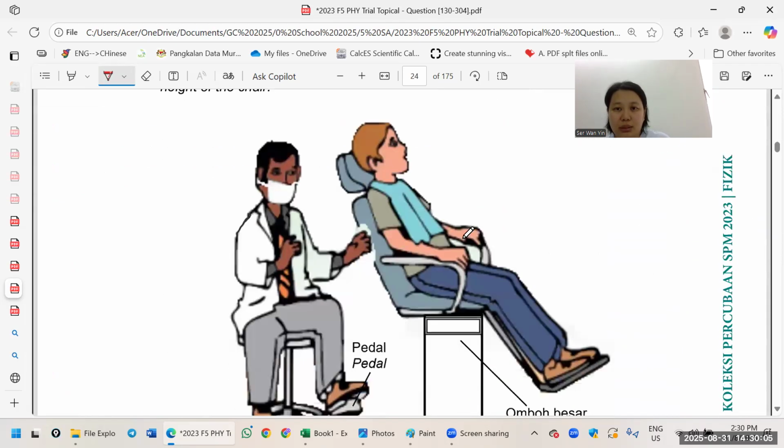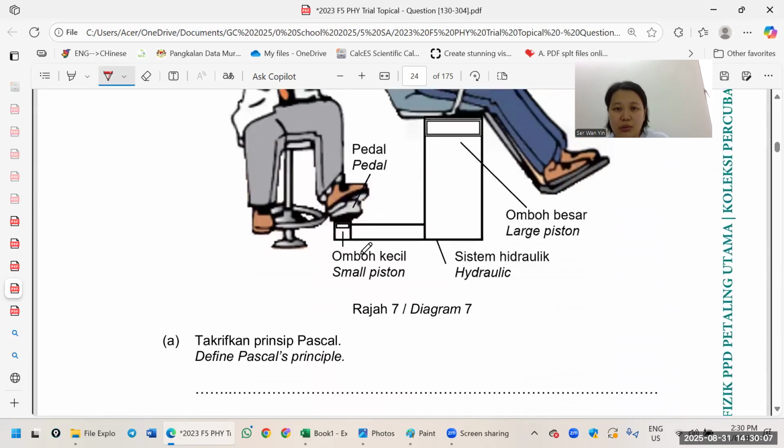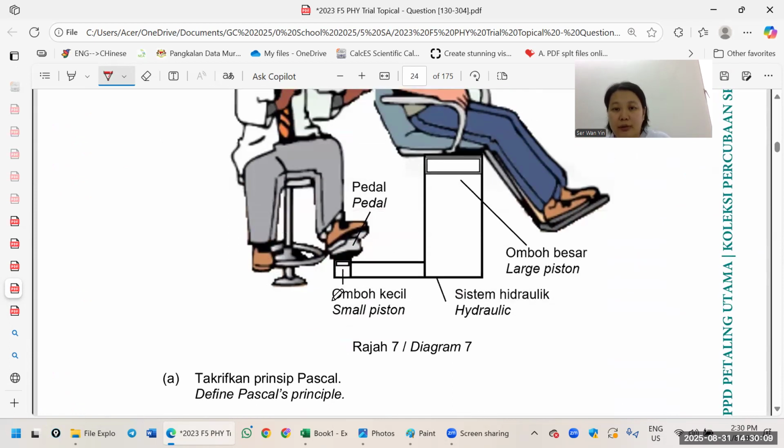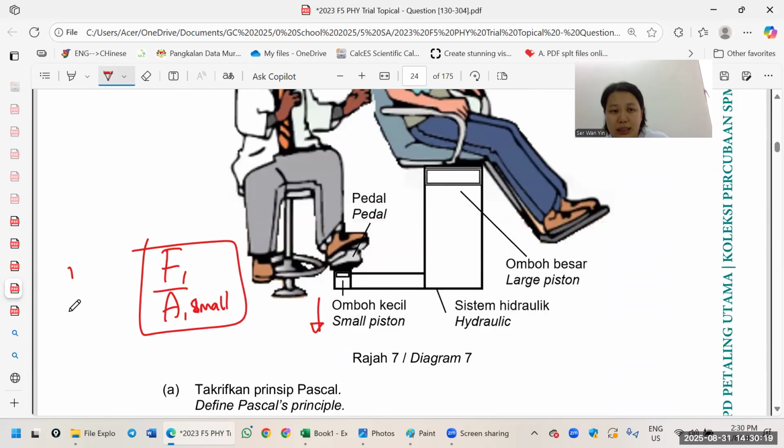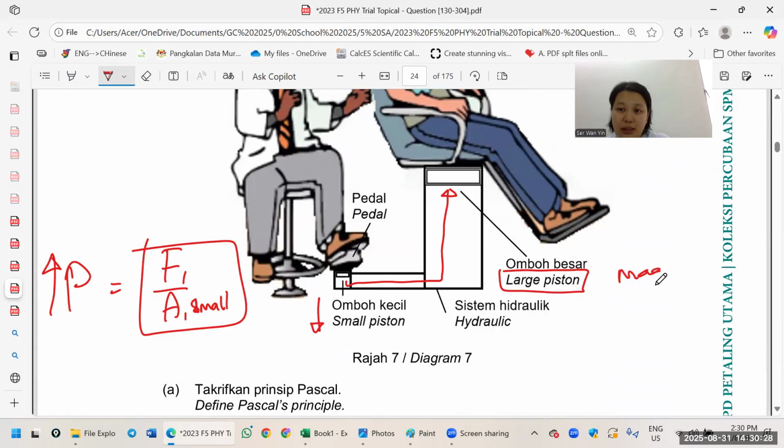Alright, so now next Pascal principle. If we want to modify the smaller piston, F over A smaller means you will create bigger pressure here. This one as large as possible. Why? So that magnification factor is larger, so you can produce more output force.